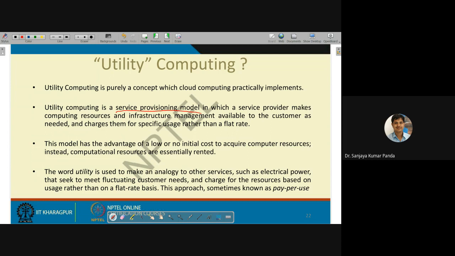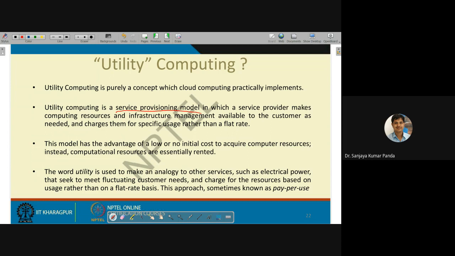So the utility computing model has the advantage of low or no initial cost to acquire computer resources; instead, computational resources are essentially rented. If you want to start a startup company, initially you have a shortage of budget, and you don't have sufficient amount to purchase infrastructure, either computational infrastructure or other types.